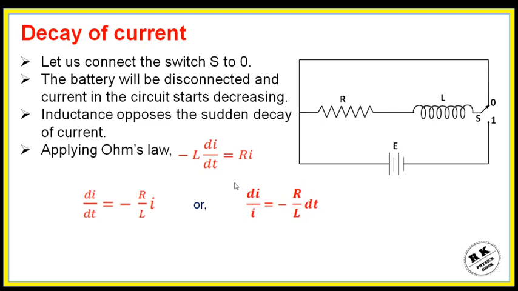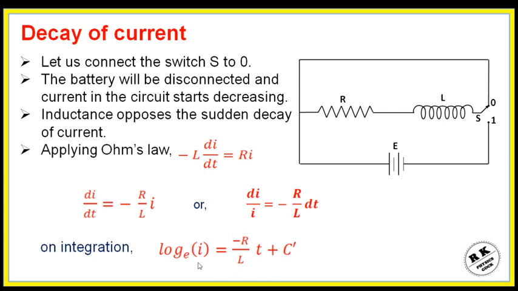If we integrate this, we get log of I is equal to minus R by L times t plus some integration constant. Let us assume it as C dash. The next step is to find the integration constant C dash. We know that at the beginning of the decay, that is t is equal to 0, the current in the circuit was I naught.